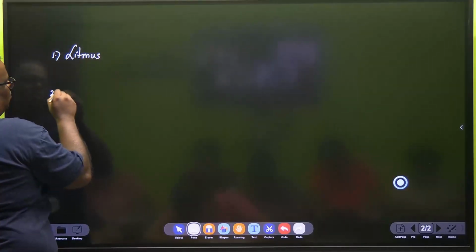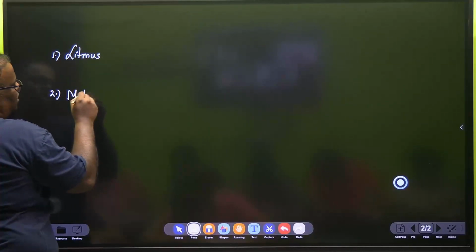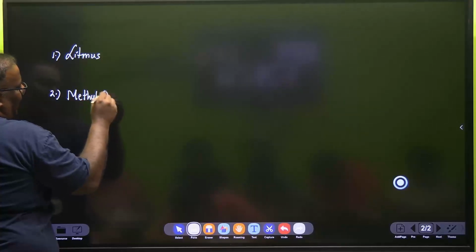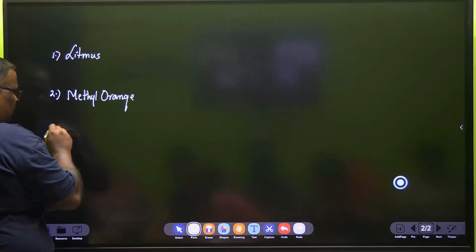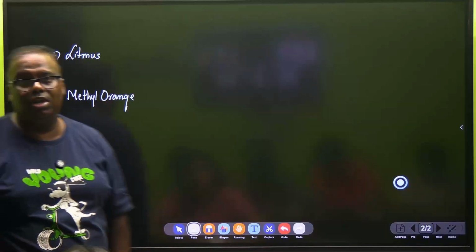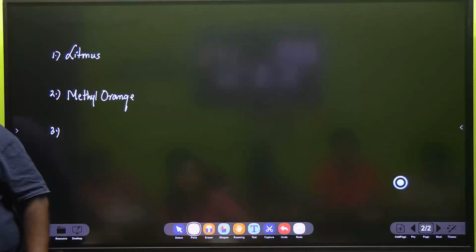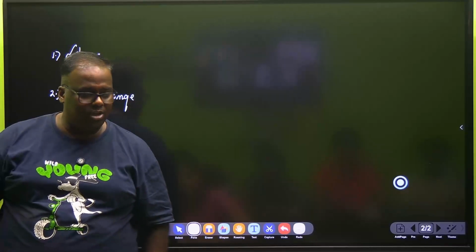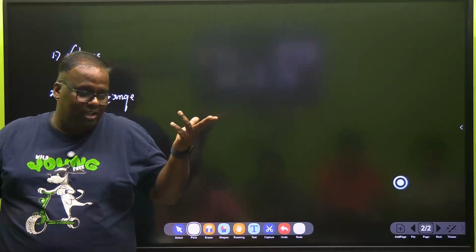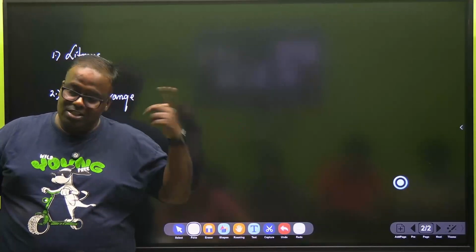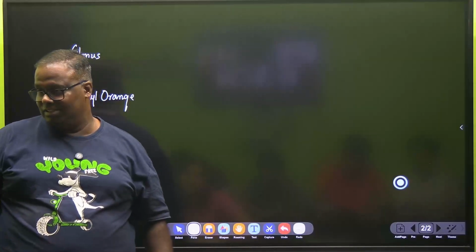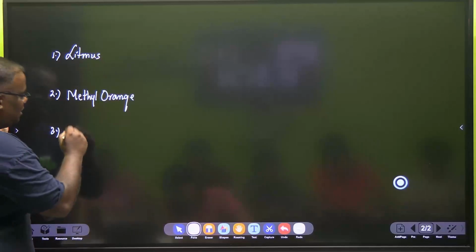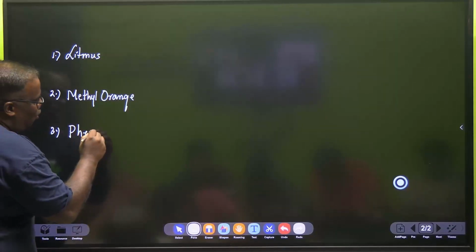The second one is known as methyl orange. And the third one is very difficult to spell by the way you pronounce it. The third one is known as phenolphthalein. Listen to me. Phenolphthalein. There's a P when you pronounce it, but when you write it, it is phenolphthalein.